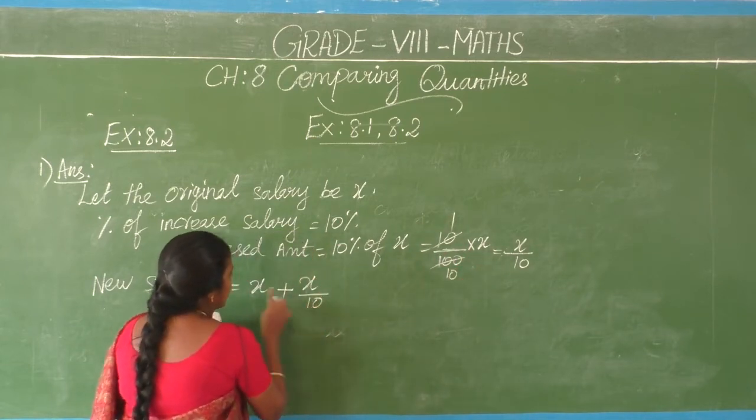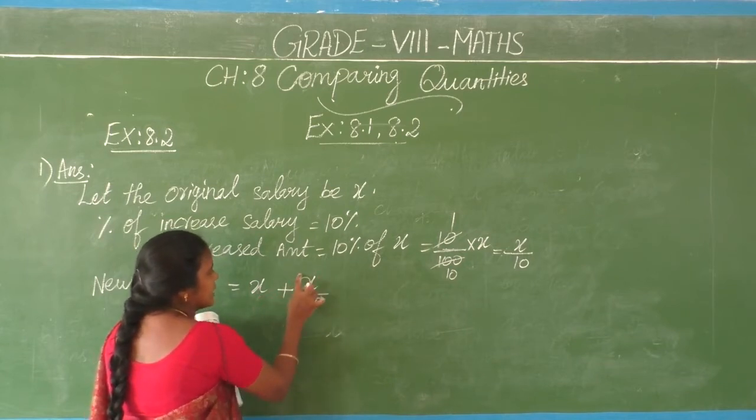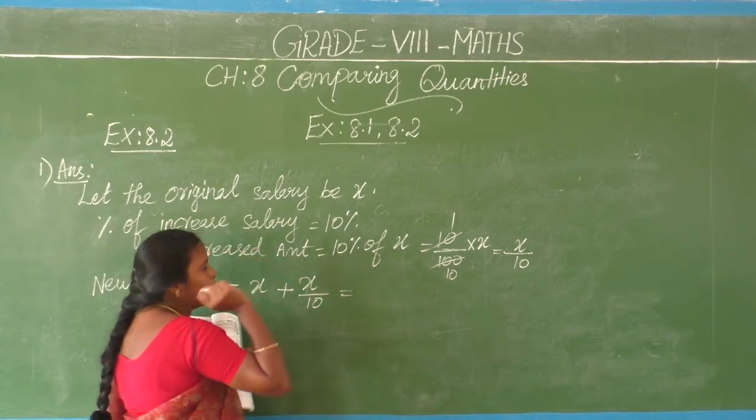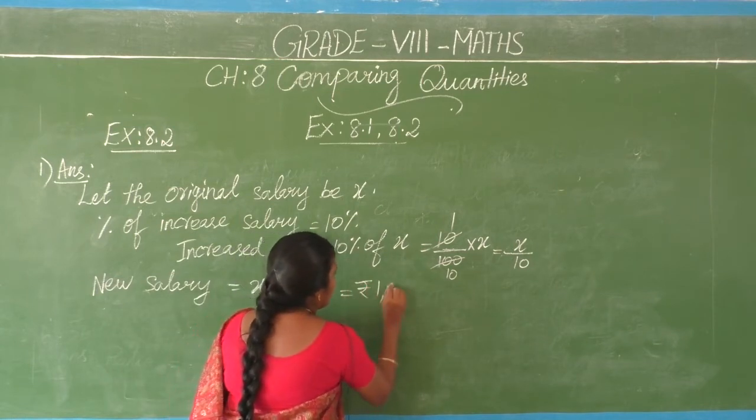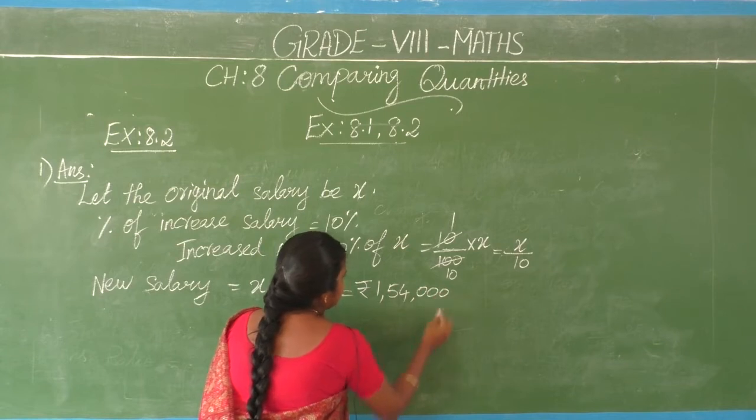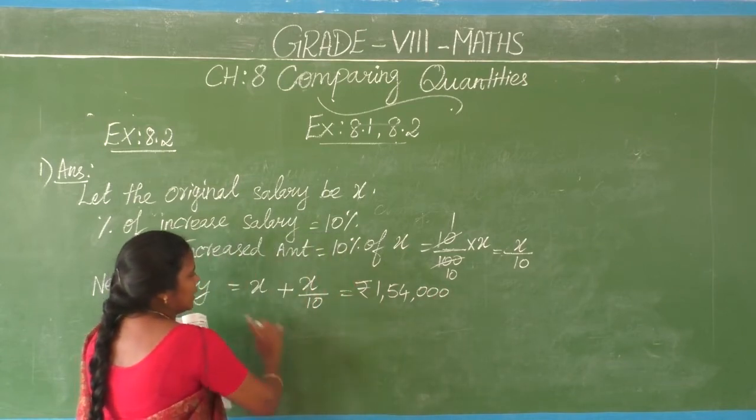So the original salary plus the increased salary is equal to the new salary. What is given in the question? Rupees 1,54,000. Okay, we made a step.